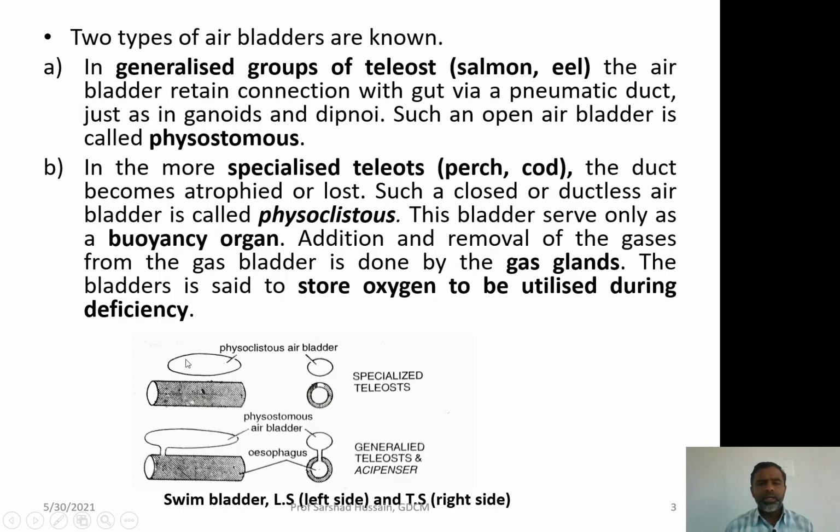That means, when the animal is feeling acute deficiency of oxygen, it has some oxygen stored inside it, which can be utilized by the body of the fish. So, it takes the position of an accessory respiratory organ during an emergency when the oxygen is very low. Otherwise, it is mainly a buoyancy organ, helping the animal swim in the water, whereas the other type has a major role as an accessory respiratory organ as well as for buoyancy.